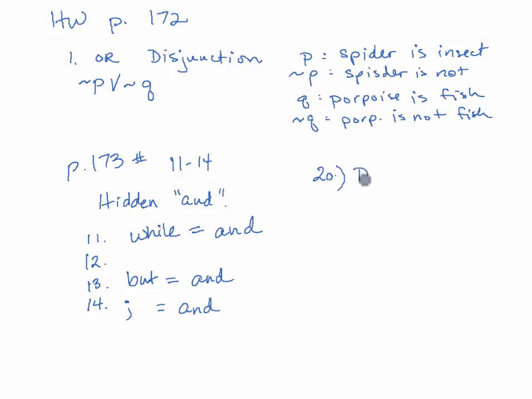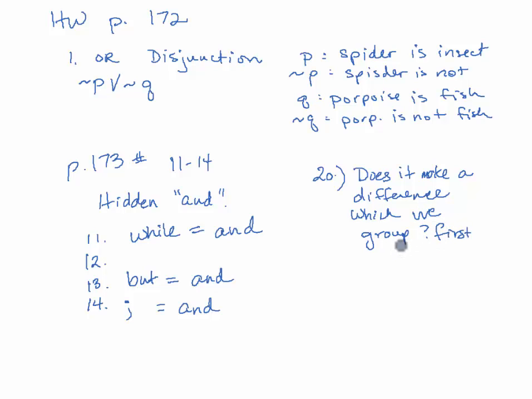So what it's asking there is, does it make a difference which we group first? So can we use the associative property? Okay. Does the associative property make a difference? Okay. Are the answers going to come out the same? All right. That's what that means.